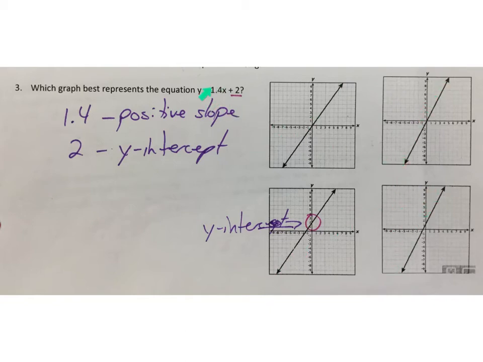So these are positive. That didn't help you much. But what you could look at is the second number, the one that's added to your x, so x plus 2. That number is your y-intercept where it crosses this. Notice this one is intercept is 0. This one is intercept 0. This one intercept 1. So this is the only one that intercepts at the 2. So you automatically know that is your answer.